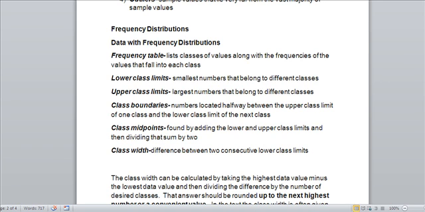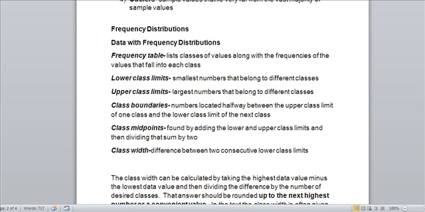We also have class boundaries, which are halfway between the upper limit of one class and the lower limit of the next class. We have class midpoints, which we find as the middle point between the lower class limit and the upper class limit. And finally, we have the class width, which is the difference between two consecutive lower class limits.